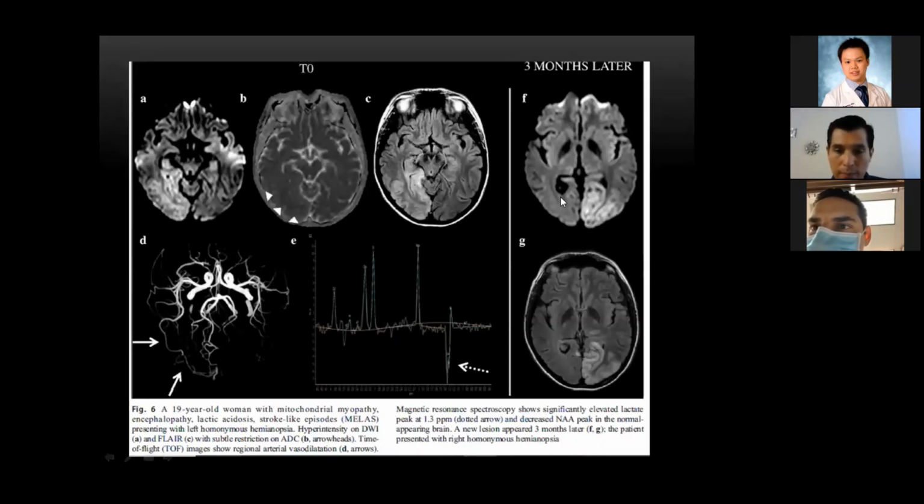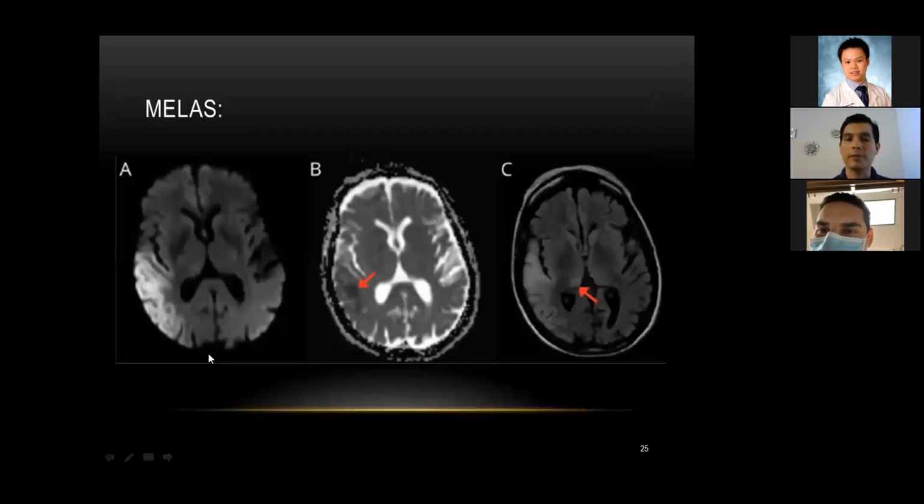But this patient had left homonymous hemianopsia, and 3 months later this other region got affected and he had the opposite, right homonymous hemianopsia. With the perfusion, you can see this increase of perfusion in the area to help this area with that metabolic failure.